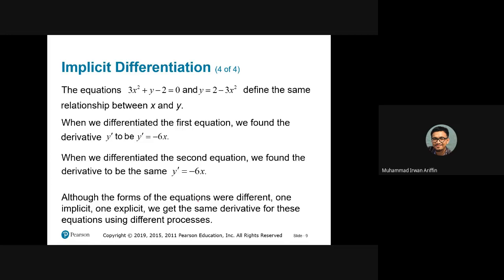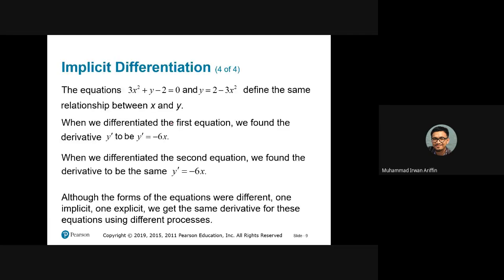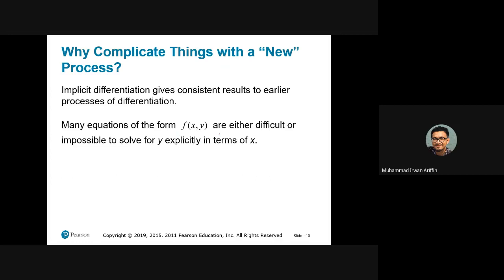For the explicit function, we simply use the power rule, while for the implicit function, we need to do implicit differentiation. Now, why do we complicate things with a new process? This is a very simple example, where if we are given this equation, we can easily rearrange and put y on one side. However, this is not always the case, especially during examination.